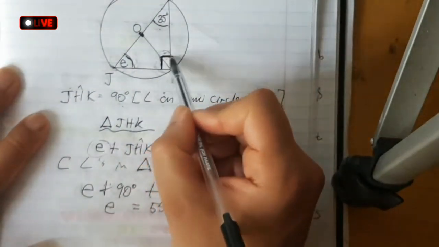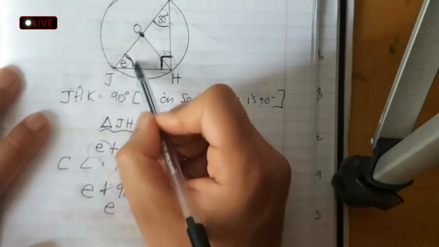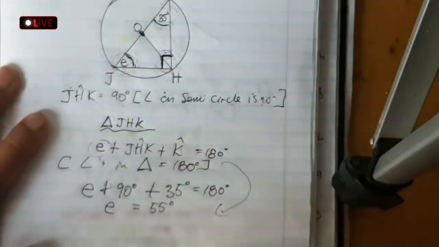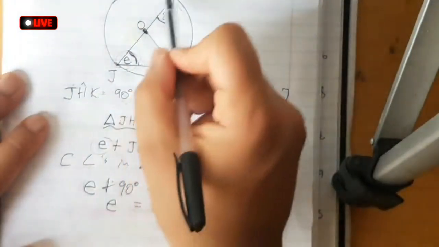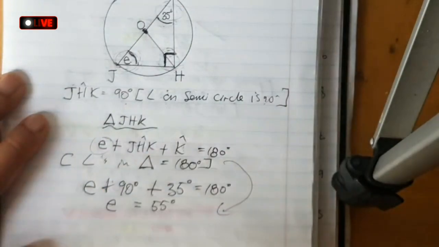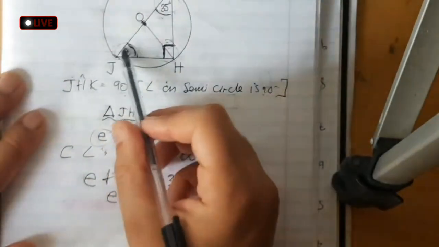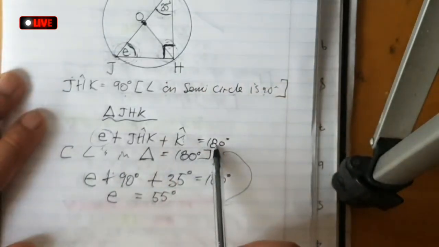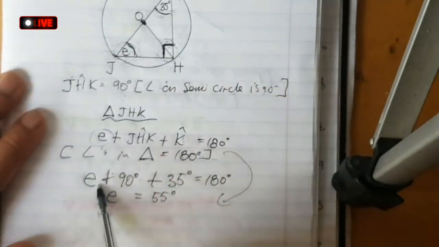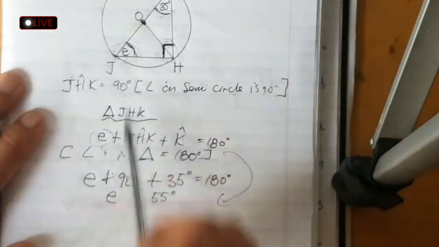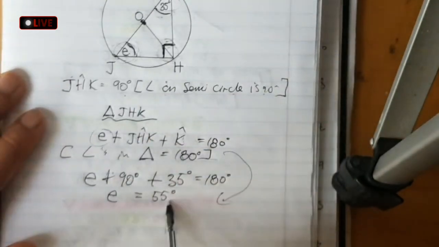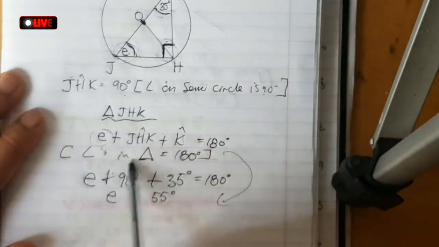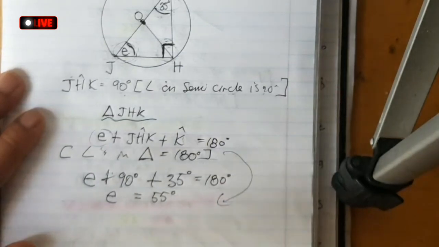So now I have this, and I can calculate this by using my grade 8, grade 9 theorem that says angles in a triangle add up to 180. So this angle here plus this one plus that one equals 180. Then I substitute those values in there, and I get E, and the reason for that is, like I said, angles in a triangle add up to 180.